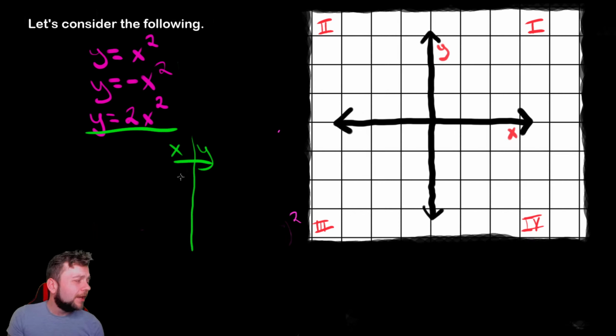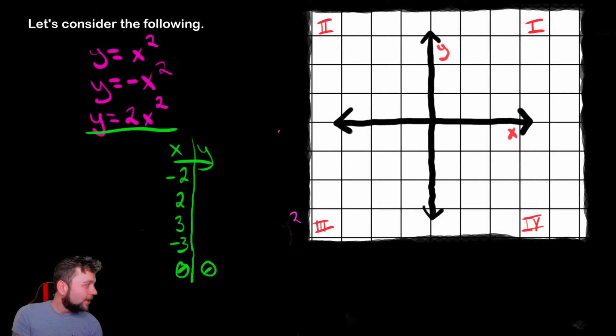So what if we do negative 2, 2, 3, negative 3, and I still want to do 0, because in this example it will give us our 0, right? So negative 2 times negative 2 is 4, and then times 2 is 8.